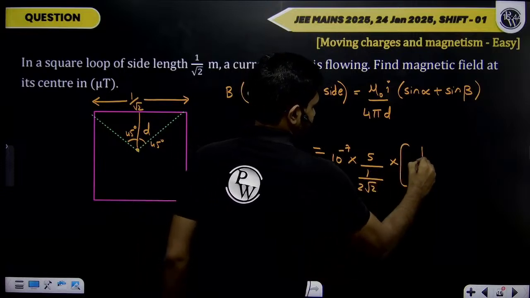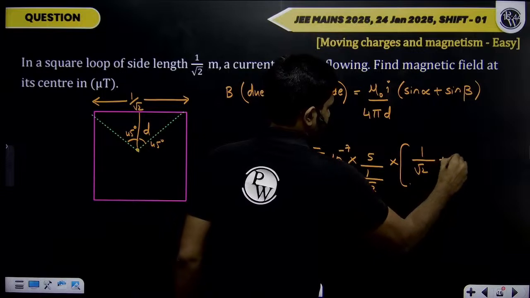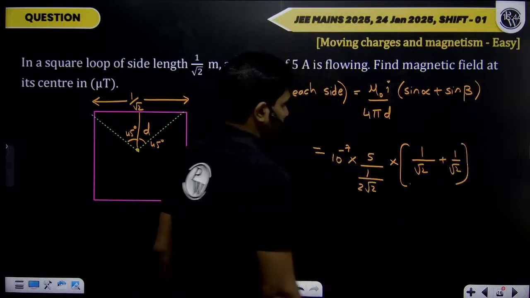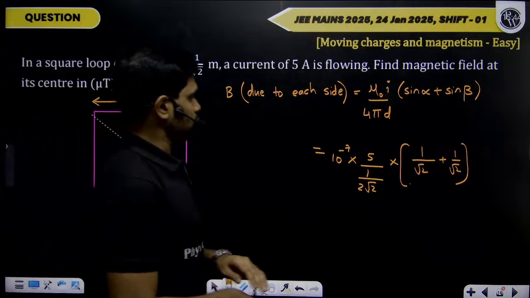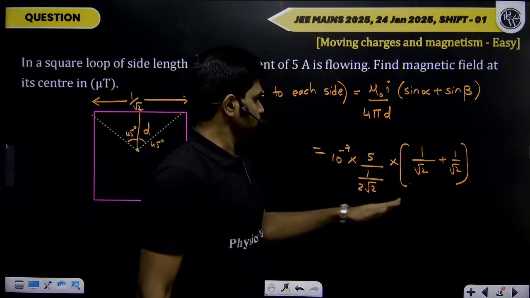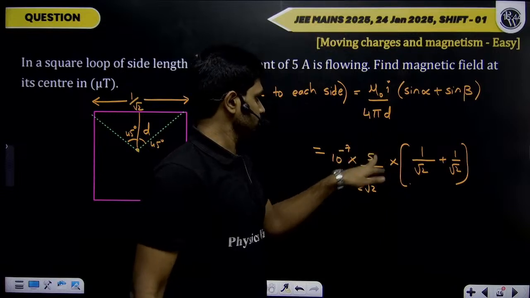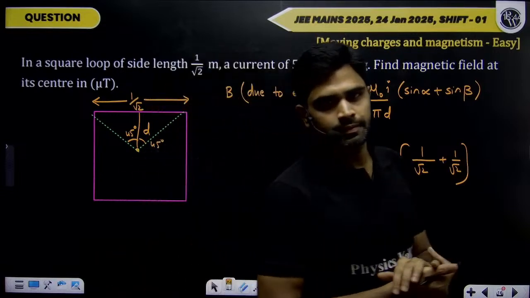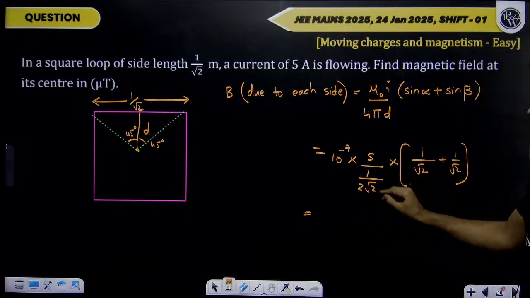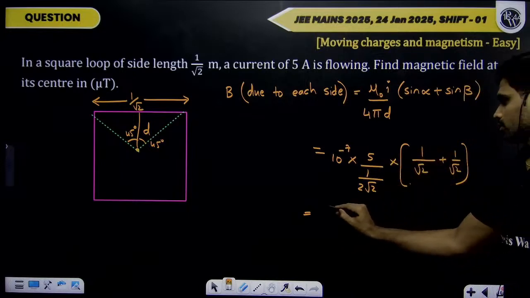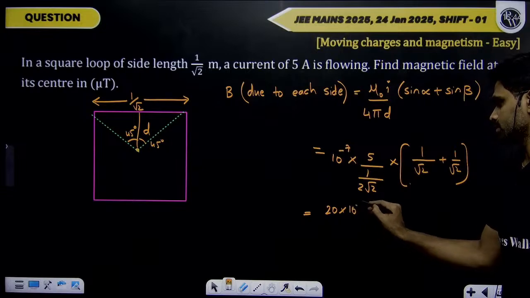Sin alpha plus sin beta is 1/√2 plus 1/√2, right? So how much are we getting? This 2/√2, √2 cancels. 4, right? So this is 5 into 4, 20 into 10 power minus 7.